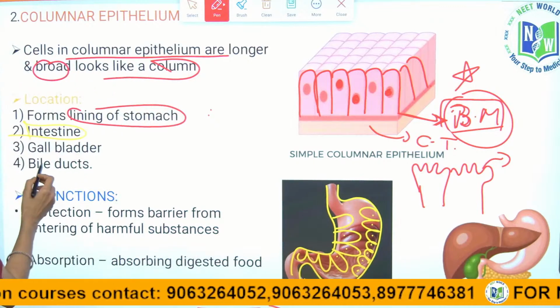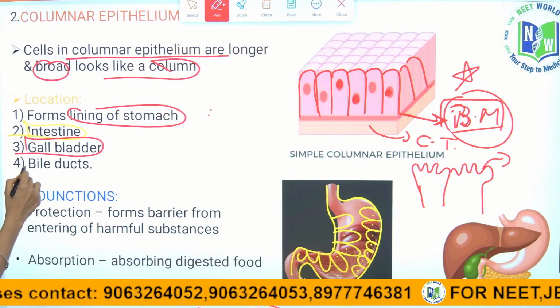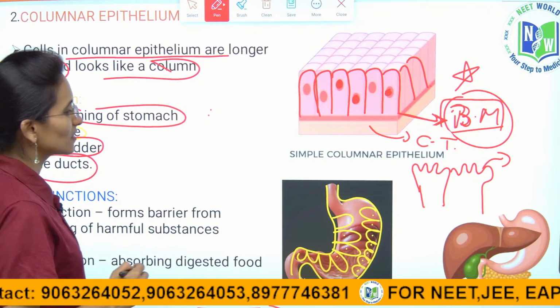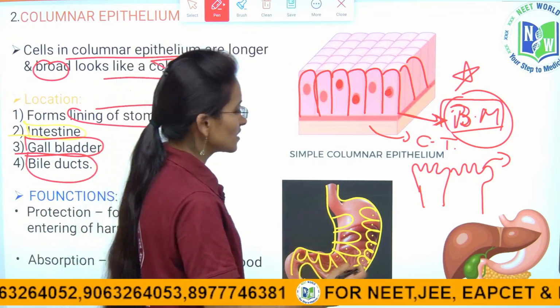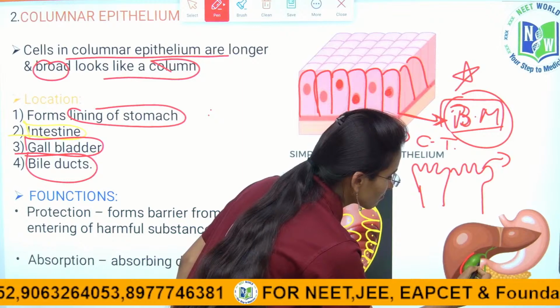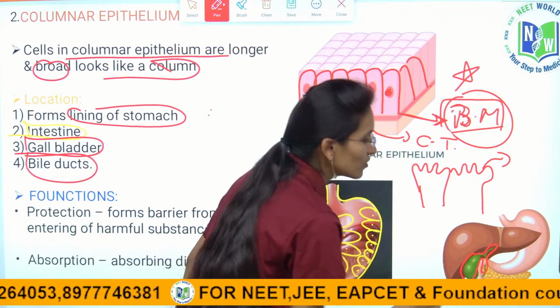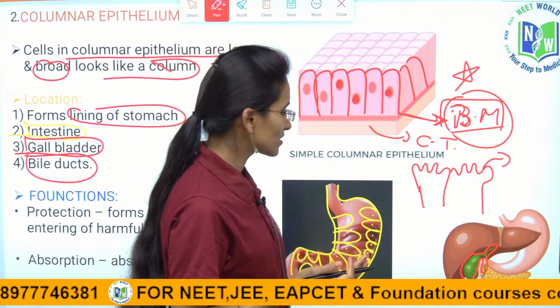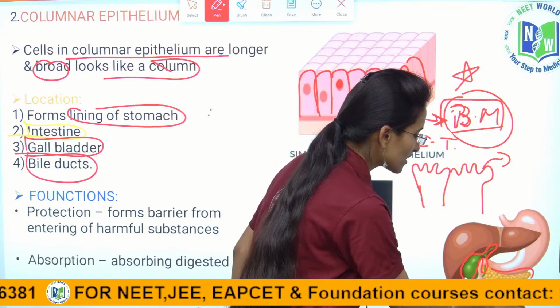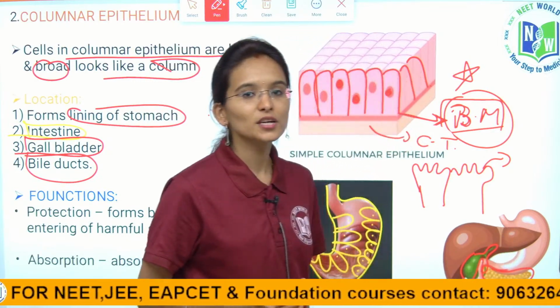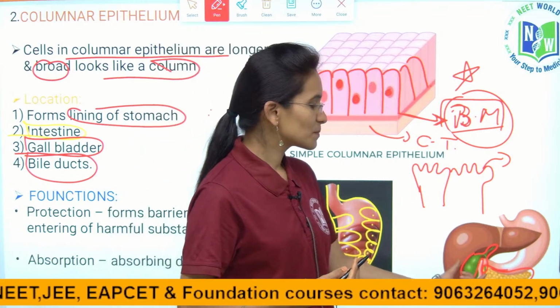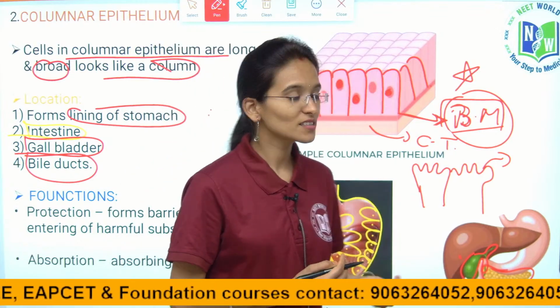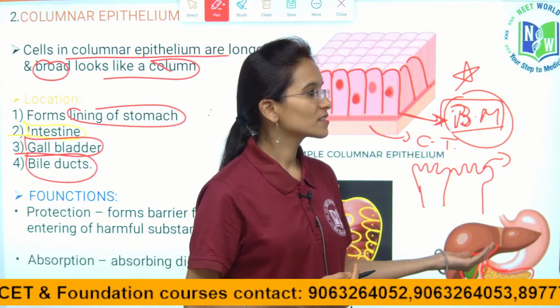Yes. And next we can also find them in the gallbladder and the bile ducts. See, this is the gallbladder. It is a pear-shaped organ located beneath the liver, students, and next it is also present in the pancreas. It is a leaf-shaped organ. It is present in the gallbladder, and this is also present in the bile ducts.